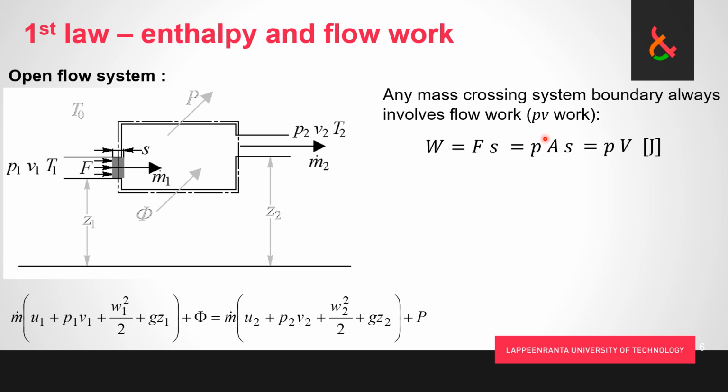That is volume, so work is PV, pressure times volume. And if we have a continuous mass flow rate, then we don't have energy in joules, but we have the mass flow rate times PV, and we've got power with a unit of watt.